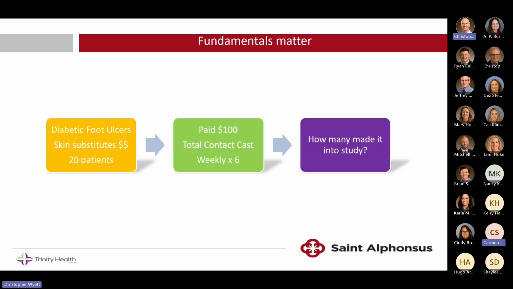They did it for 6 weeks, and they paid the patients $100 a week to come in, to wear the cast, and to follow up weekly. After those 6 weeks, all the patients who did not heal would go into this study. So they had 20 patients go in, they used the basic technology of a cast, and at the end of it, how many do you think actually made it into the study? None. They all healed up, and none required a skin substitute.